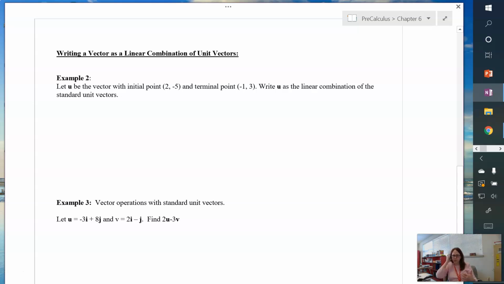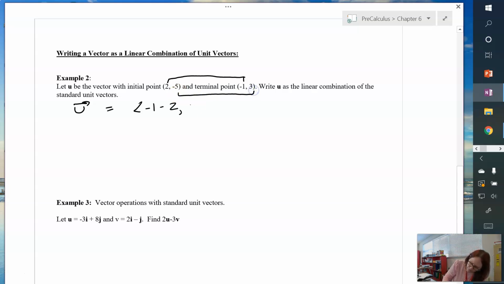Now last time what we did was this. We would have said vector u equals, and then as components, we would have subtracted. So it would have been -1 minus 2, because we're starting at 2 and we're landing at -1. So -1 minus 2, that would have been in the x. And then the y would have been 3 minus -5.